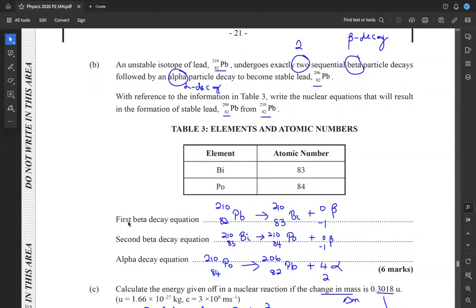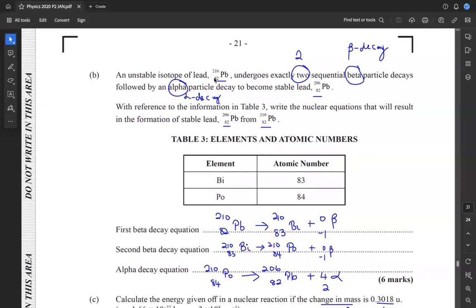So, okay, for the first beta decay equation, remember now we're starting with lead-210, 82. So we write that as our starting point, right? Or our parent nuclide. This is the one that we're starting with. We're going to undergo a beta decay. And whenever we undergo a beta decay, our atomic number is going to increase by 1, right?